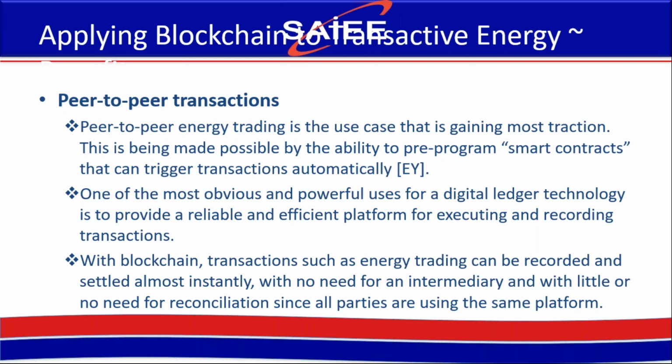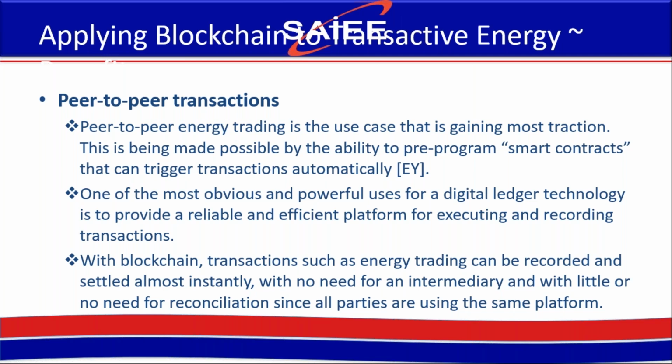If you are a seller, you will just see money coming in without worrying about what happened. One of the most obvious and powerful uses of digital ledger technology is to provide a reliable, efficient platform for executing and recording transactions. With blockchain, transactions such as energy trading can be recorded and settled almost instantly with no need for an intermediary, and with little or no need for reconciliation, since all parties are using the same platform.